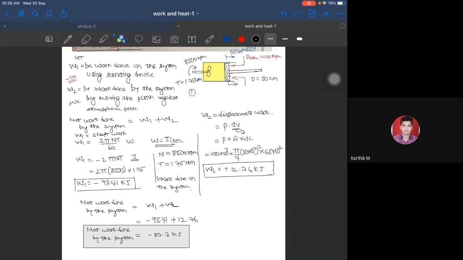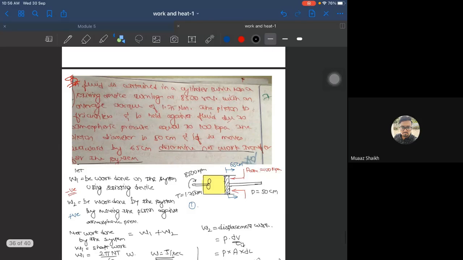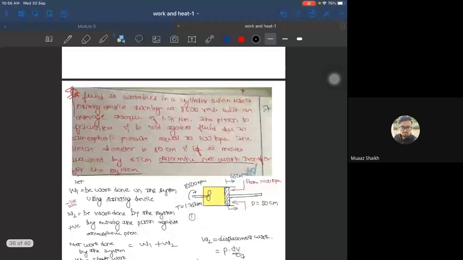So this is a 17th class. What does DL mean? DL is the change in length. Initially it was some other length. In the question he says that if it moves outward by 65 centimeter, that means it is the change in the length, correct?